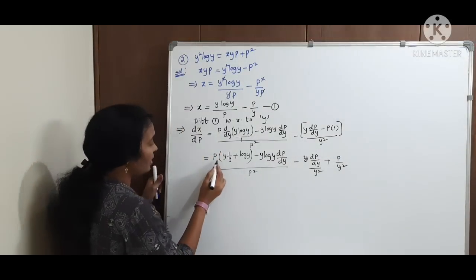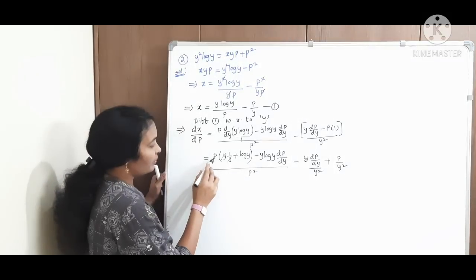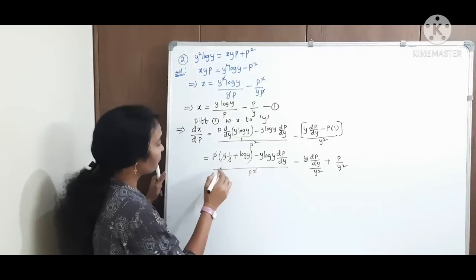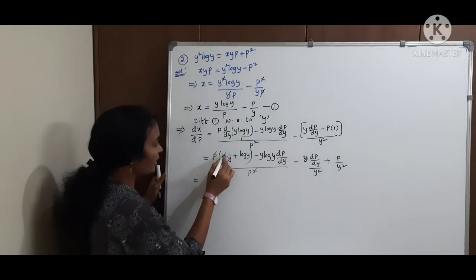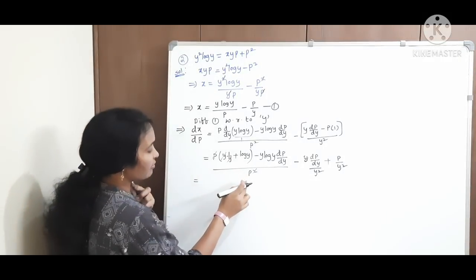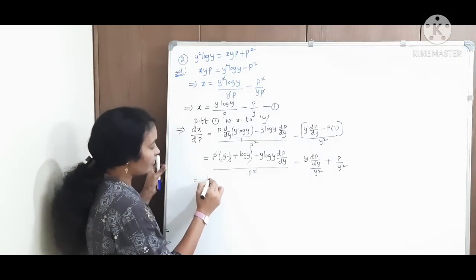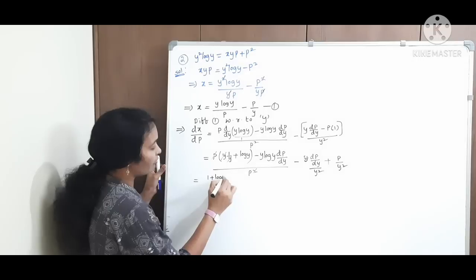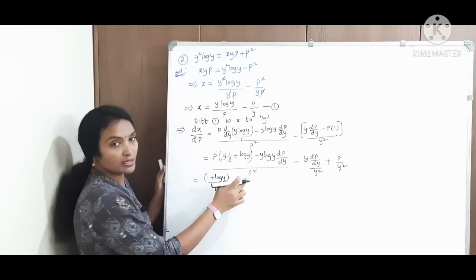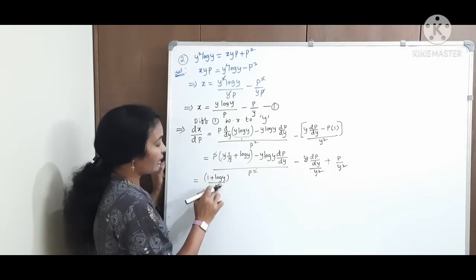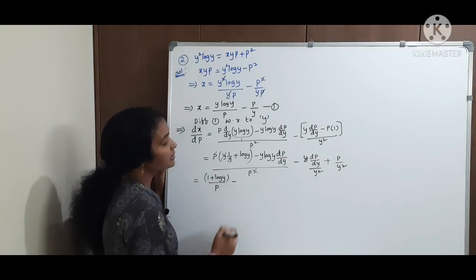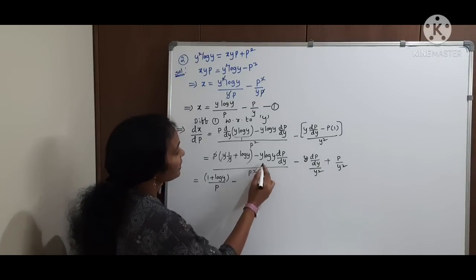Separating the fractions, now here y cancels, p is also cancelled. Then what do I get? This will change to 1 plus log y by p square. Okay, 1 plus log y by p square, because this got cancelled, p is also cancelled, overall we are having only the p, not p square. The next minus, any more terms get cancelled here?